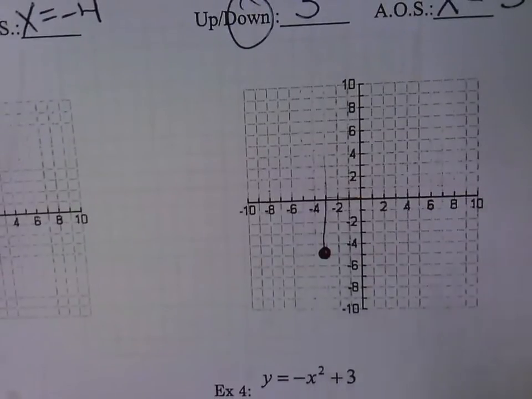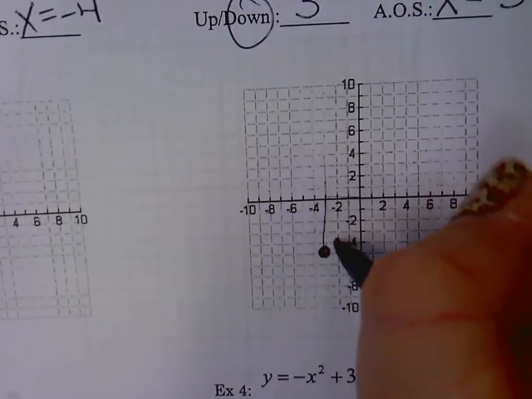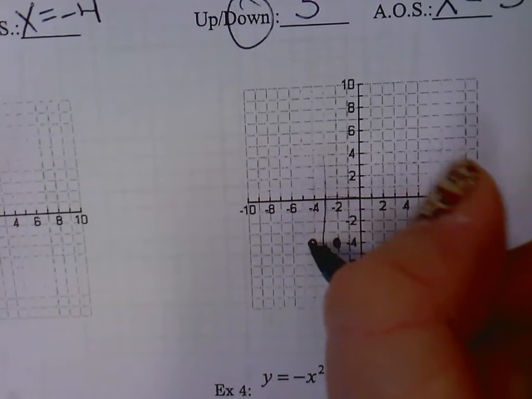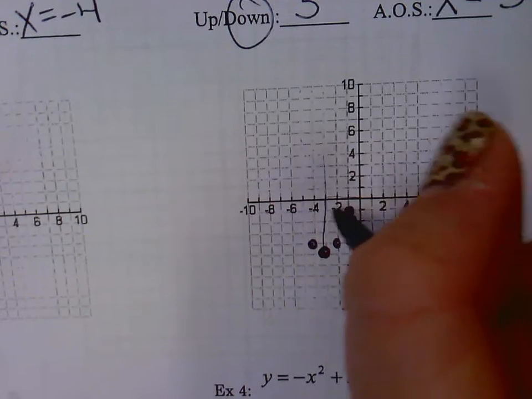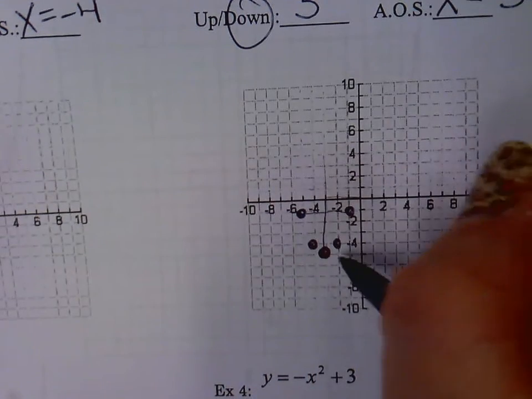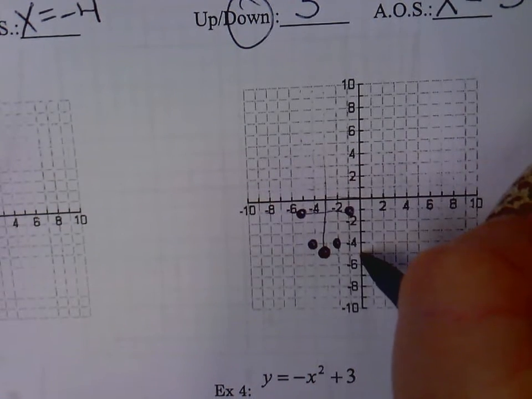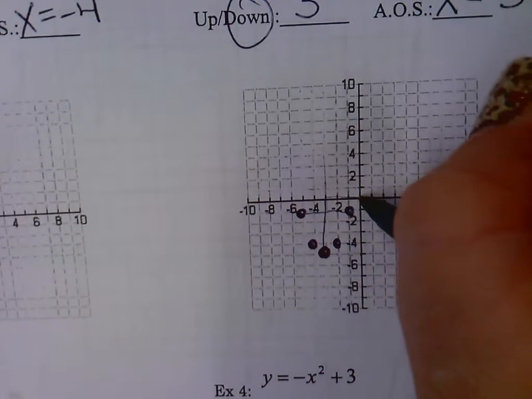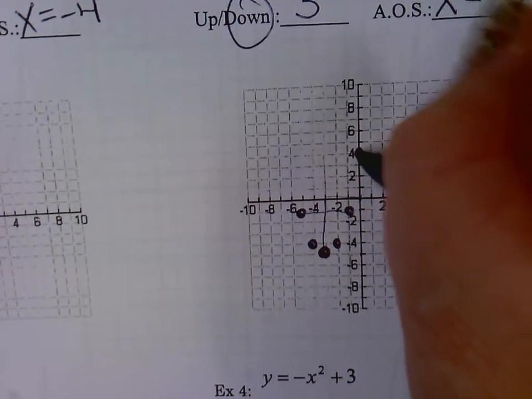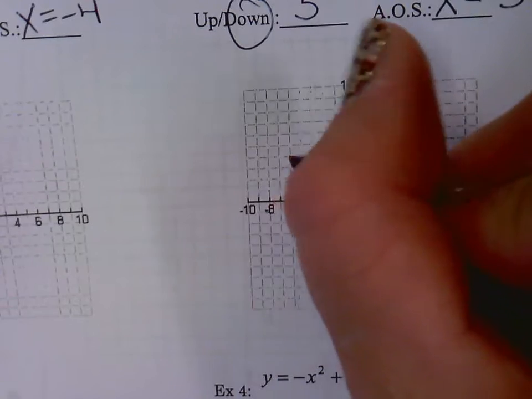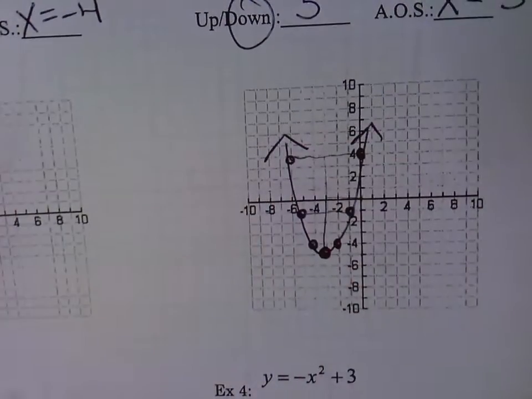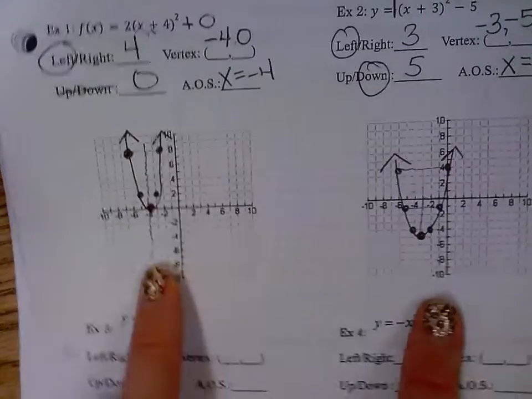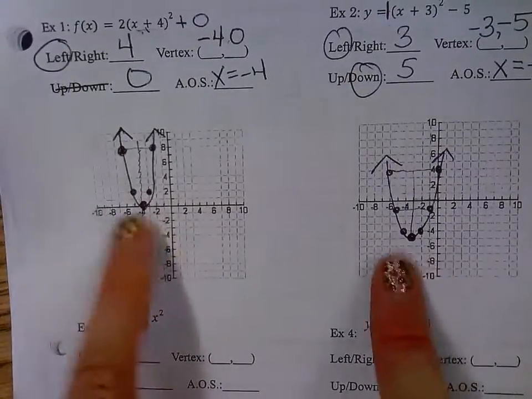So from the vertex, I could go over 1 and up 1, over 2 and up 4, and over 3 and up 9. I'd be at 9, and then symmetrically over here at 9. So that one should look less steep than the one before it, right? Compare the two with your eye. Less steep.